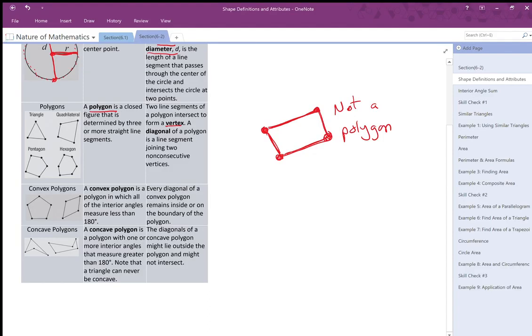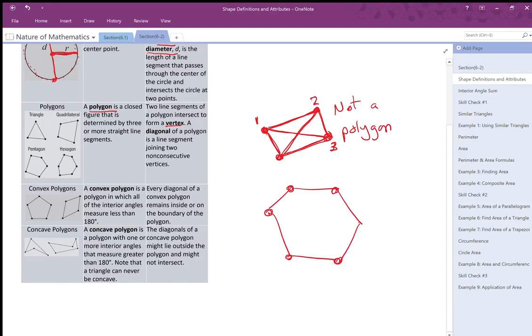A diagonal of a polygon is a line segment joining 2 non-consecutive vertices. So this is a diagonal because this vertex is not adjacent to this one. 1 and 2 are adjacent, but 1 and 3 are not adjacent. So that gives us a diagonal. Diagonals are easy to see in 4-sided polygons, but let's draw a polygon with more sides.